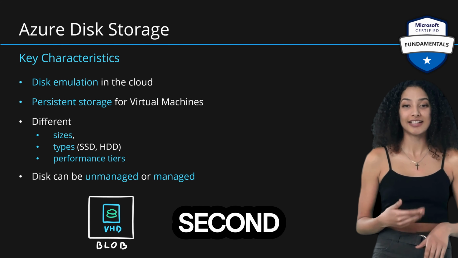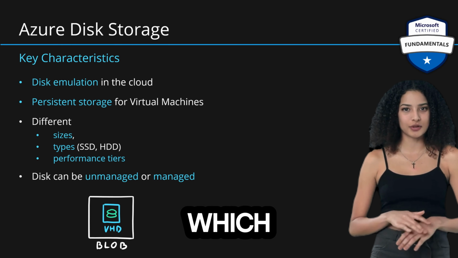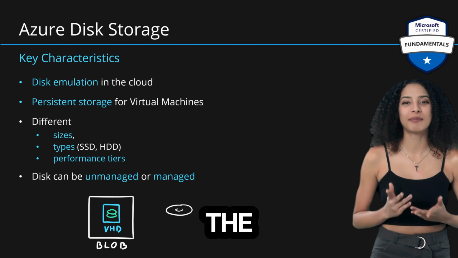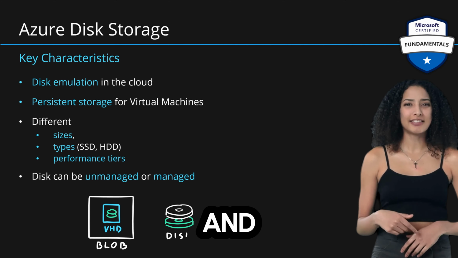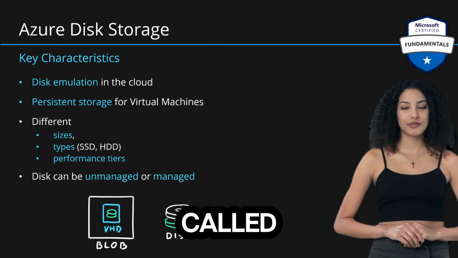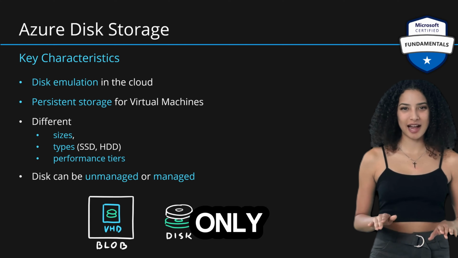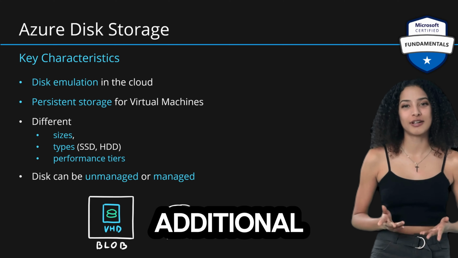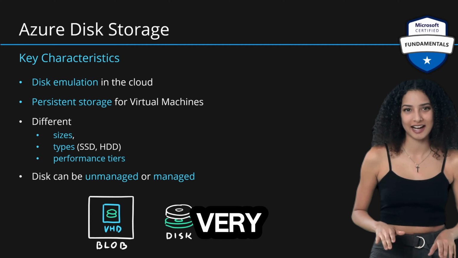Or you can use the second, more popular option now, which is managed disks. That means Microsoft is managing all the blob storage, all the files and all the services behind the scenes, giving you a separate resource called Managed Disk, which not only hides the complexity of managing the disks themselves, but gives you some additional features, which is very nice to have.